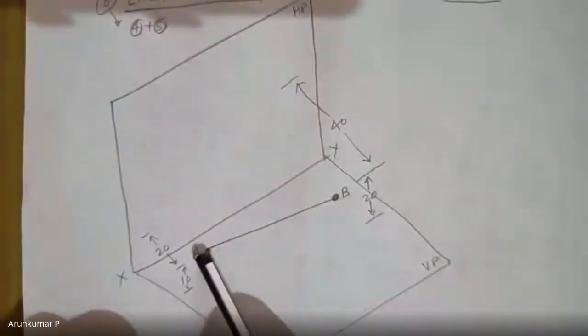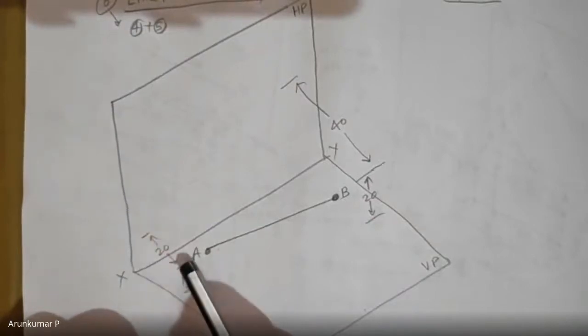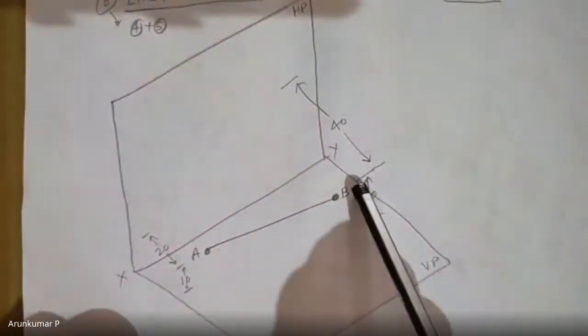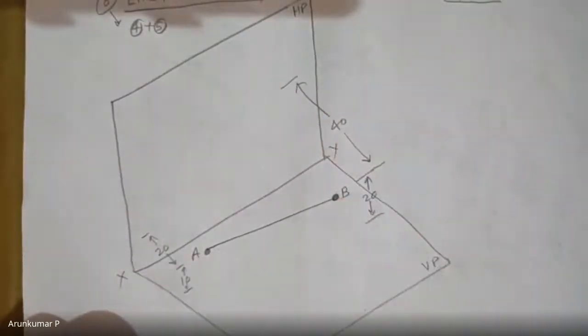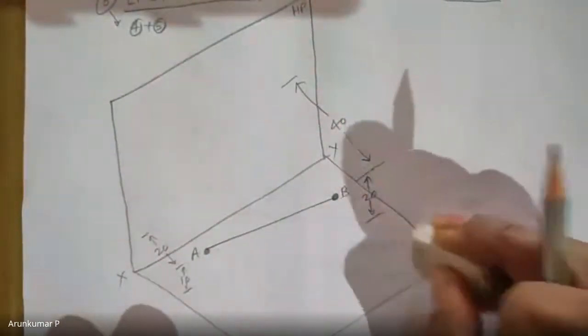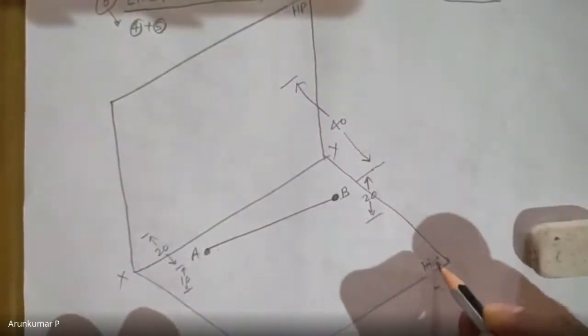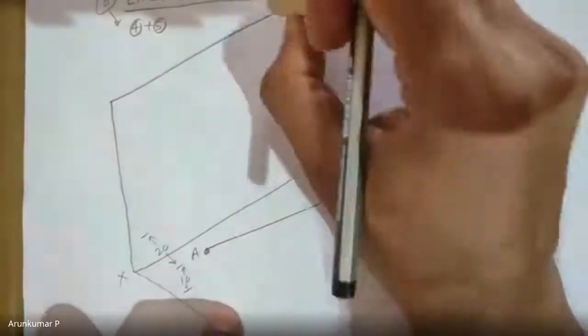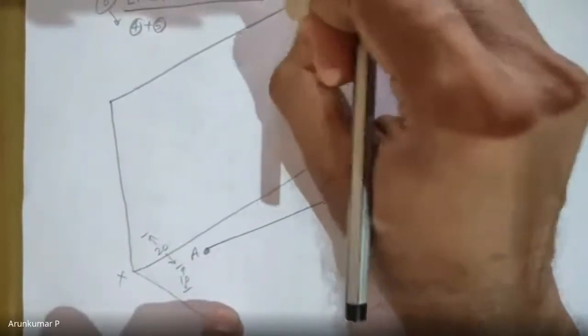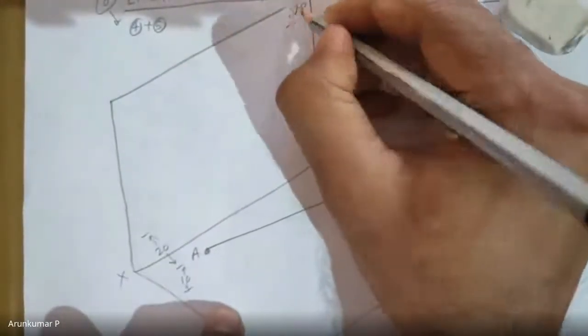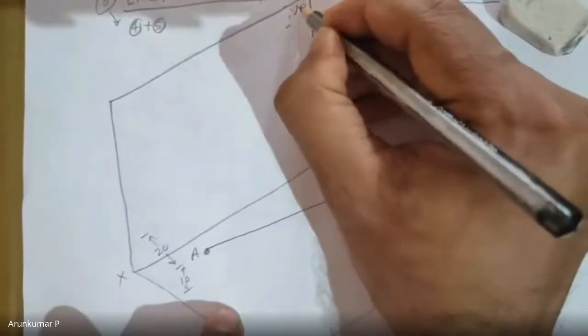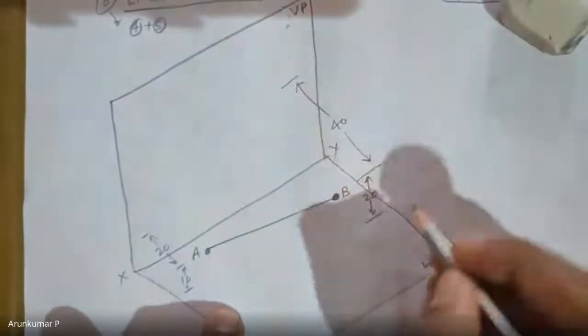Similarly, end A is 20 mm in front of VP. End B is 40 mm in front of VP. So is this line parallel to VP? Sorry, I have written this wrong. This is the vertical plane, this is the horizontal plane.